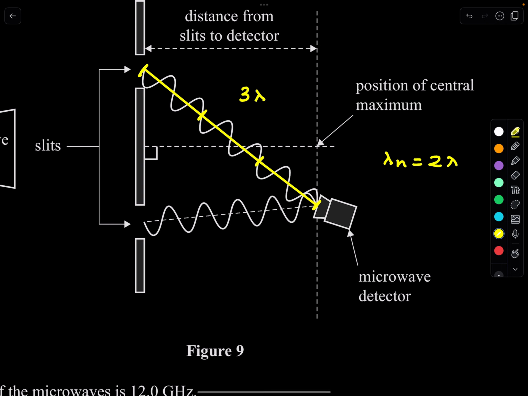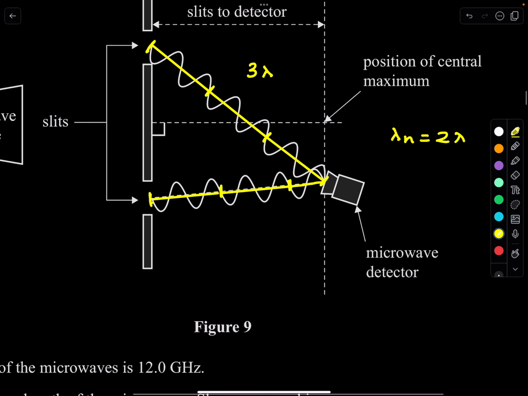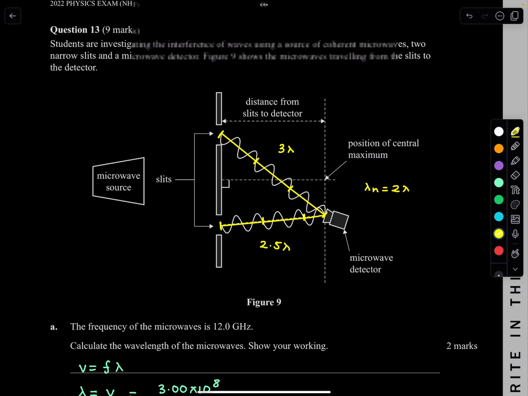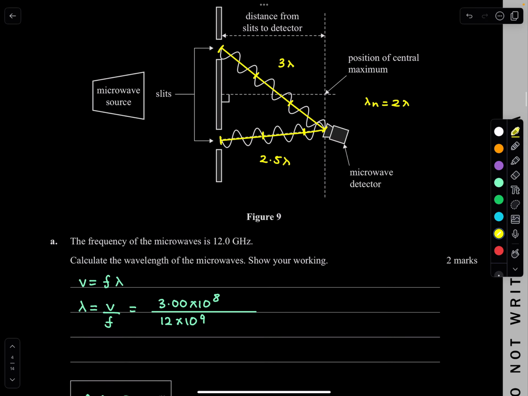What about this part here? So that's 1, and that to that, that's 2, and then 2.5. So basically 2.5 of the wavelength. You remember the path difference. So let's calculate the path difference.